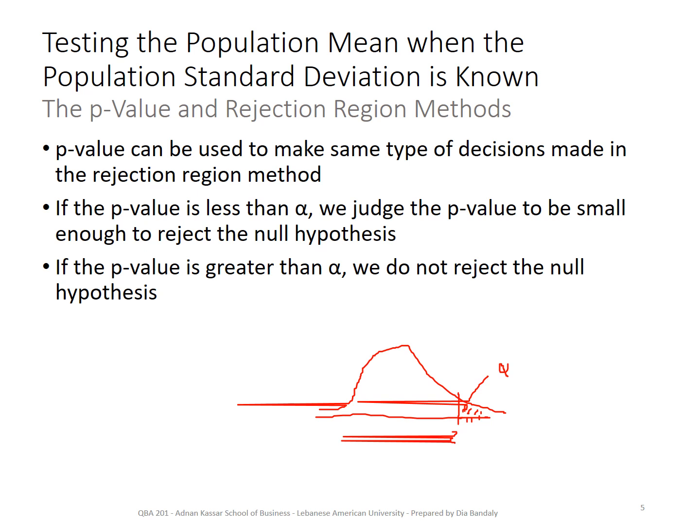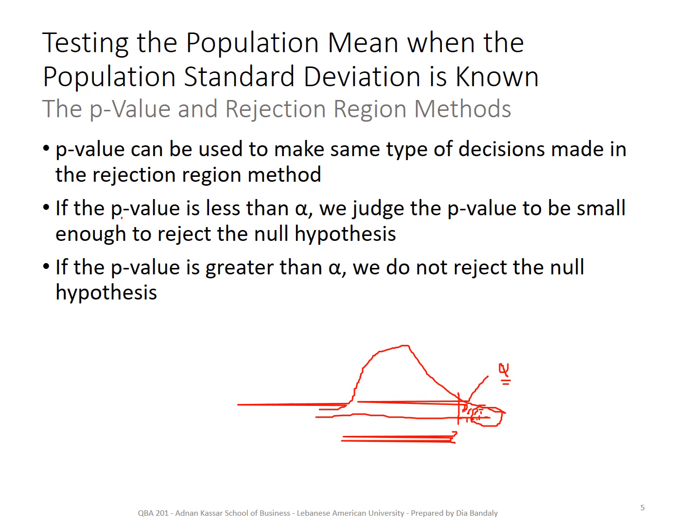So what we're going to do is this. If our p-value is less than that alpha, we're going to be rejecting also. You see, it's like we are inside. So less than alpha means, for example, here, this is less than alpha. If alpha is 5%, this can be 2% out of the 5%. So here we go.